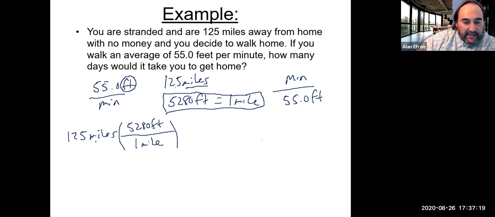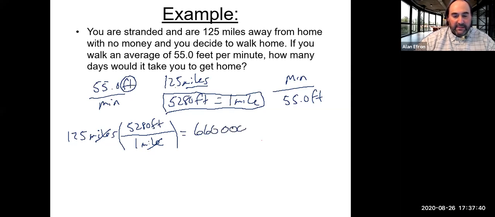As we talked about last time, essentially we're going to be dividing miles by miles, so they will cancel each other out. And if I do that really quick here, I get 125 times 5,280. Again, multiplying across the top and dividing by the bottom gives me something like 660,000 feet in this case.